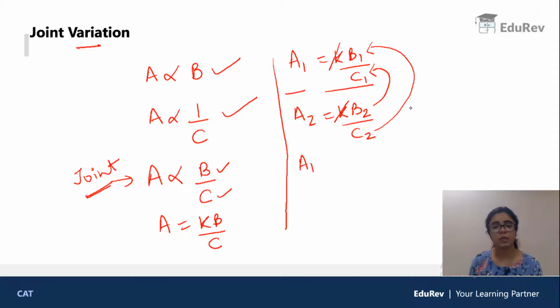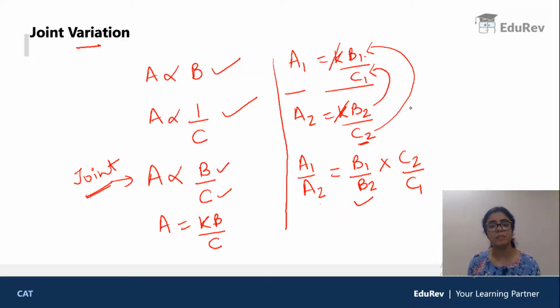So if I ask you what is A1 upon A2, that will be equal to B1 upon B2 into C2 upon C1, because C2 is going up. Okay? So A1 upon A2 is B1 upon B2, this is direct, and C2 upon C1 because it is inverse.